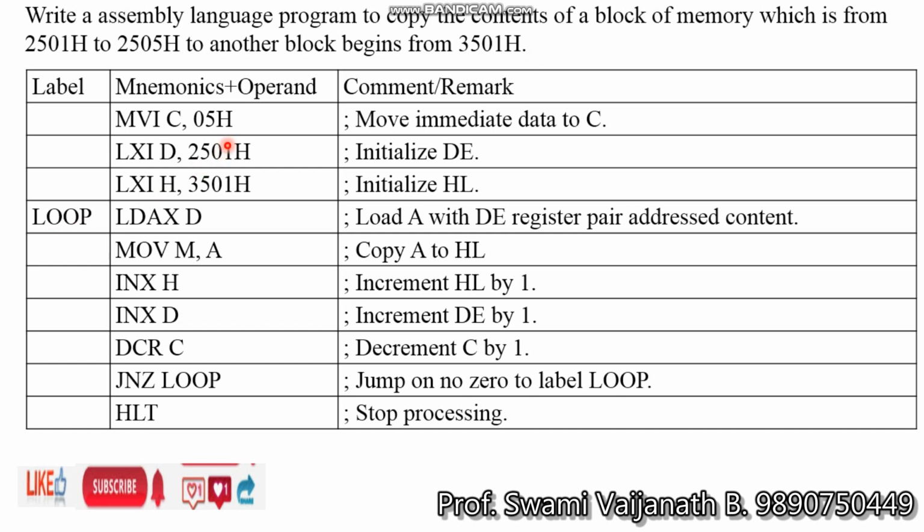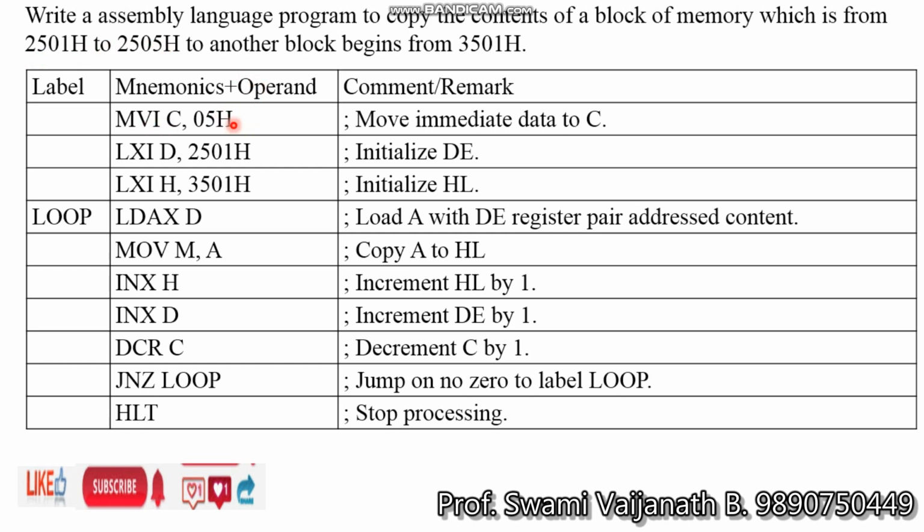So MVI C, 05H initializes the count in the C register. Why is it 05? Because in the program you are given 2501H to 2505H, so the count is 5.